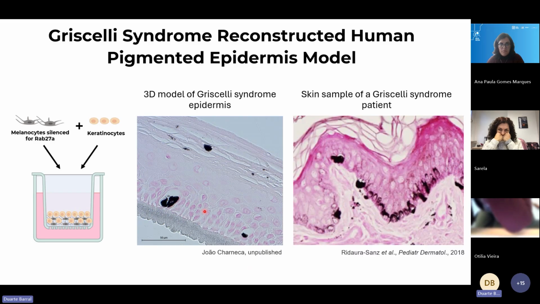And this is very similar to what we see in the patients, this big accumulation of melanin inside the melanocytes.